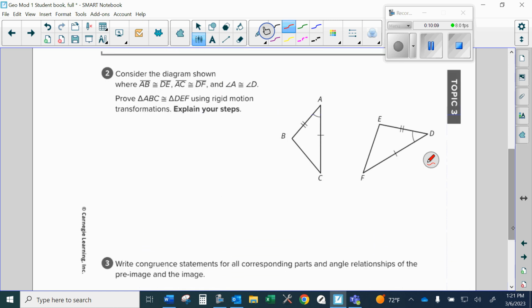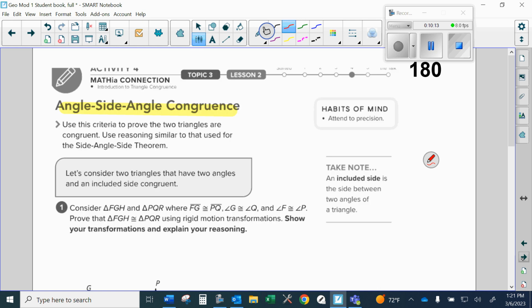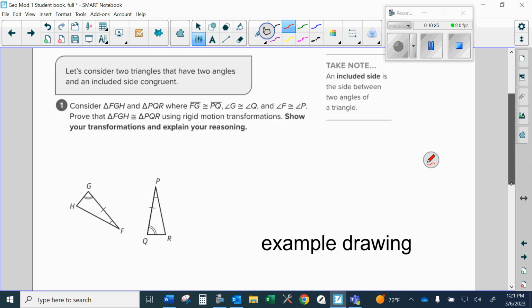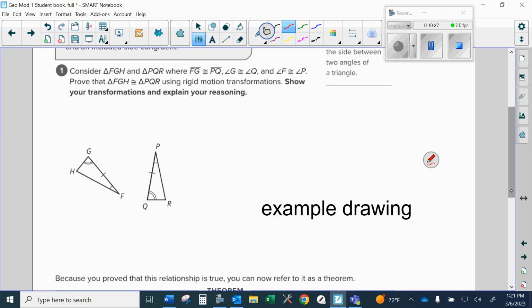Okay, there's more examples of SAS right there. Okay, angle, side, angle. Notice the S is in between, so the side is included, or in between the two angles in this case. So notice we have an angle, a side, and another angle.